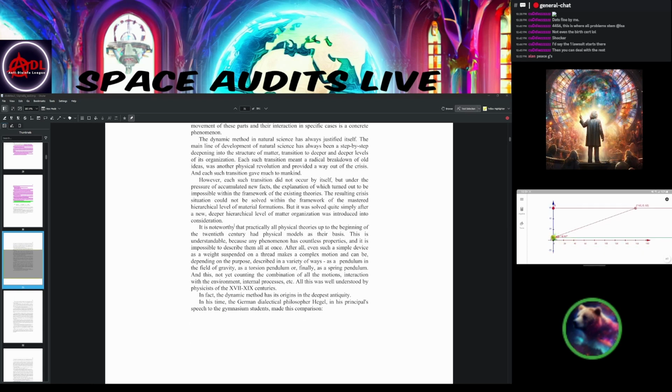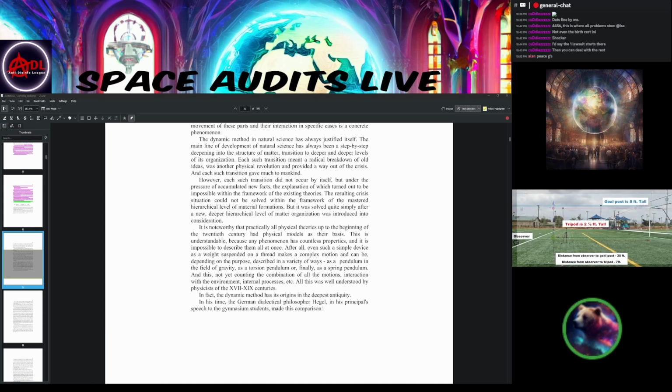It is noteworthy that practically all physical theories up to the beginning of the 20th century had physical models as their basis. This is understandable because any phenomenon has countless properties and it is impossible to describe them all at once.